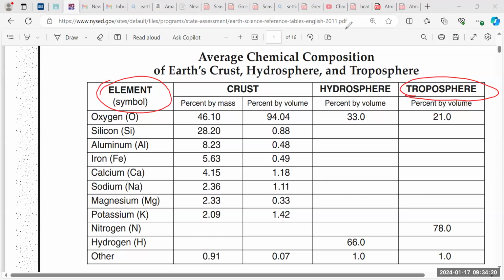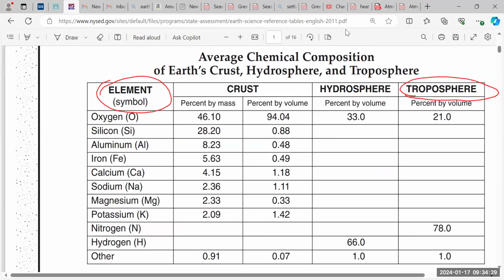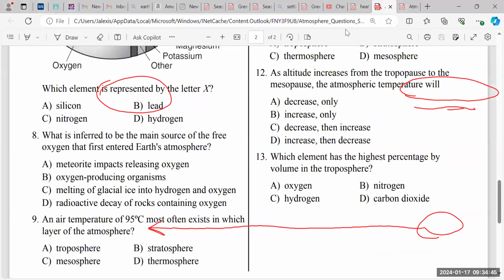The question asks which has the highest percentage by volume. When I'm looking, I see 78% right here. Which element is 78% in the troposphere? Nitrogen.